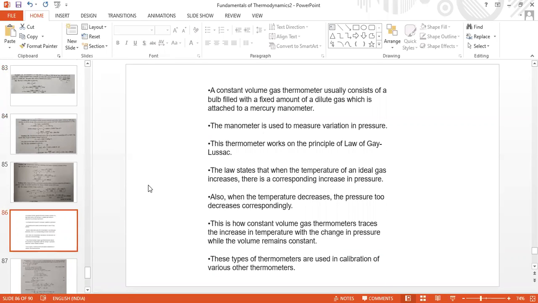Okay. Last time we discussed several thermometers, and a constant volume gas thermometer. It works on the principle of thermometric property, by changing the thermometric property, which is pressure inside.